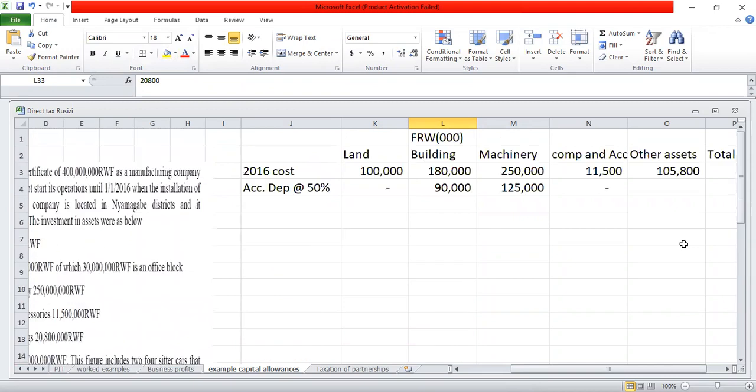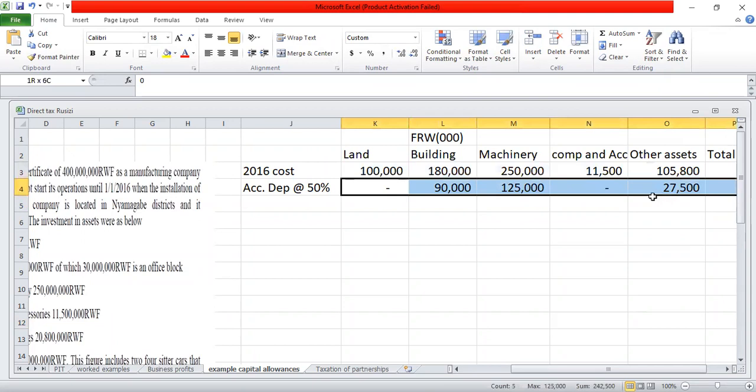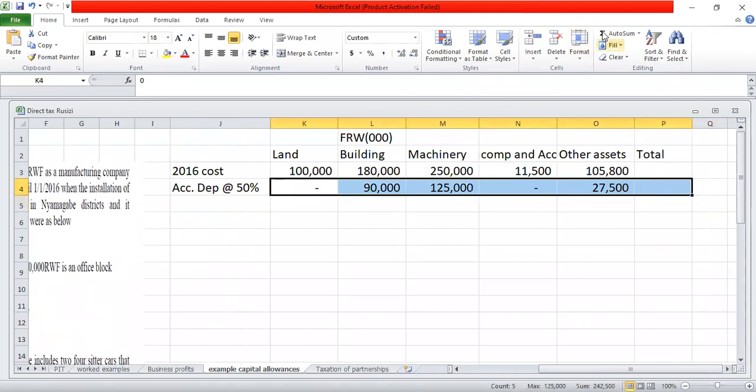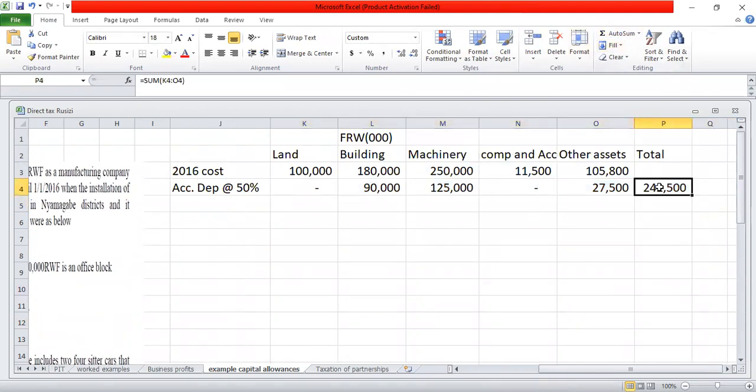I'm hoping with the exchange rate. So I will get 55 times 50%. The accelerated depreciation I will report at the end of the year in my profit and loss is going to be this one. This is the amount you are going to recognize when you are computing tax as a capital allowance for accelerated depreciation.